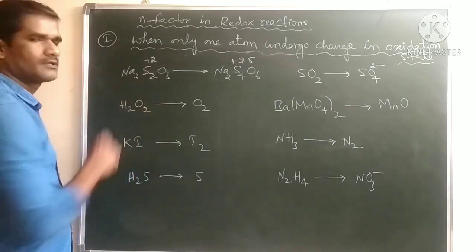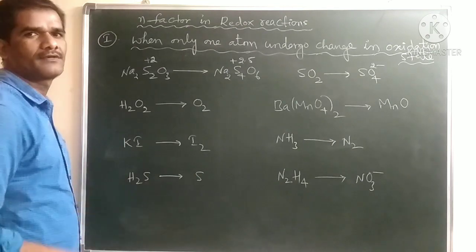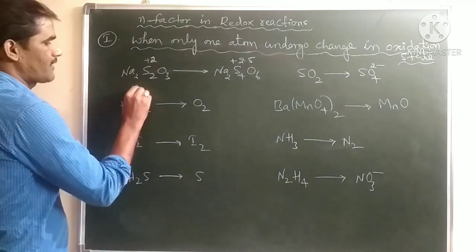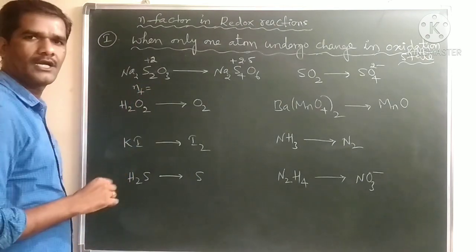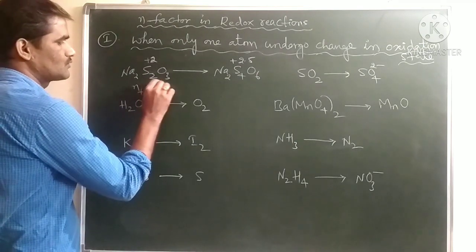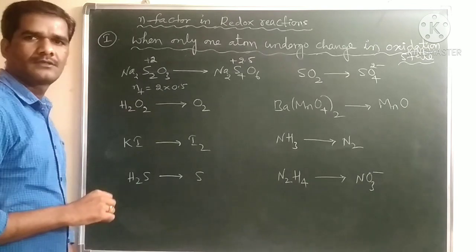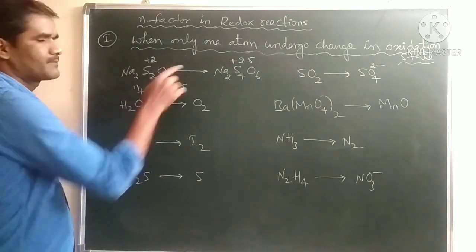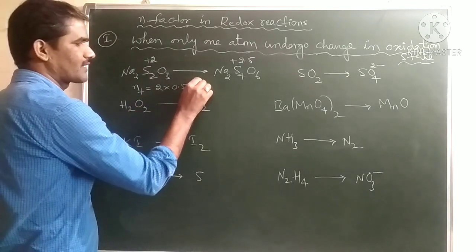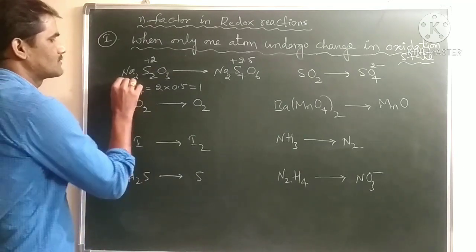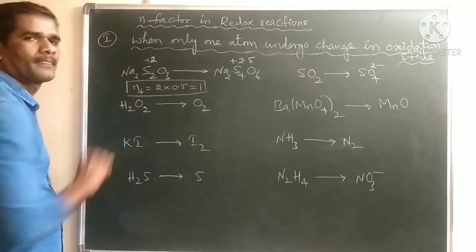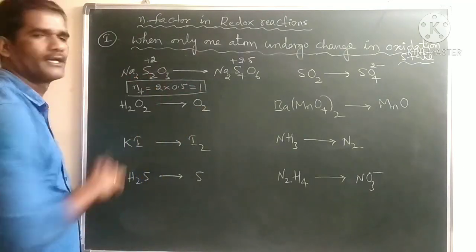But how many sulfurs are there in Na2S2O3? 2 sulfurs are there. So n factor for this Na2S2O3: 2 sulfurs are there, and for each sulfur the change in oxidation state is 0.5. So the resultant n factor is 1 for sodium thiosulfate. That is hypo here.